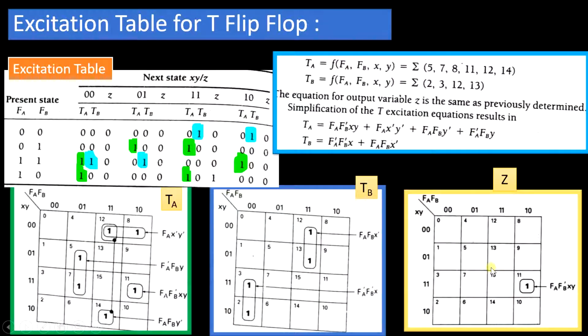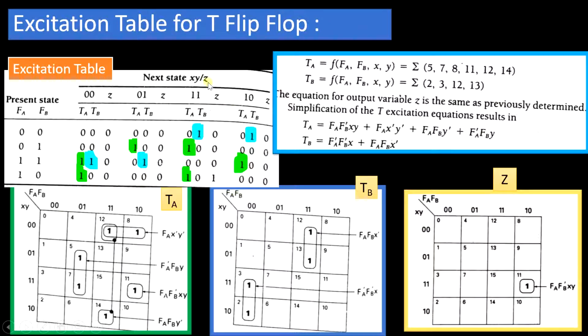Now moving on to generating the equations for the T flip-flop. To write the equations for the T flip-flop, you need to look for the output logic 1. So again, I have highlighted that in green color for TA and for TB.